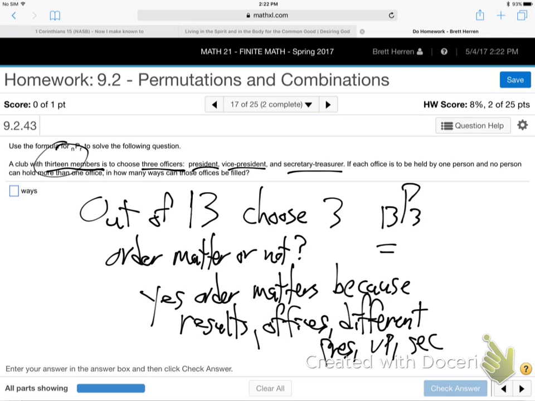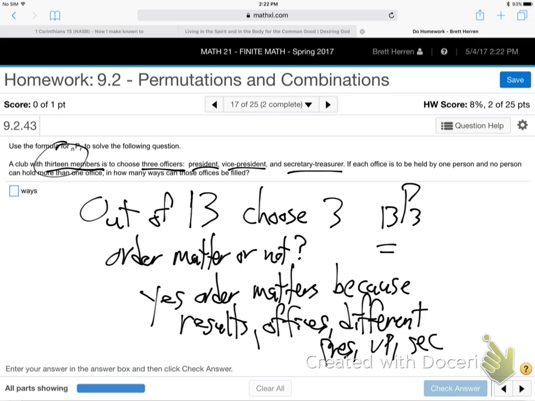Not C. Now, a lot of times they'll ask this: 13 members in the club, you're going to pick 3 to be on the board of directors. That would be C, because they're all the same office. They're on the board of directors, or they're going on a trip, or they're all doing the same thing, then it's just C. They're all the same. But if they're different, that's when order matters.